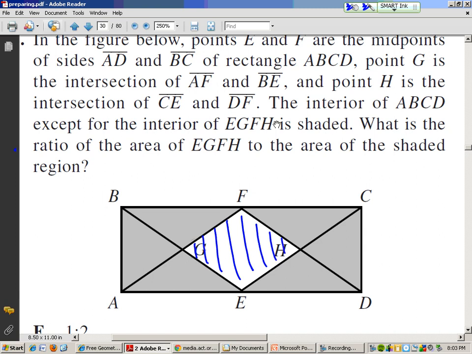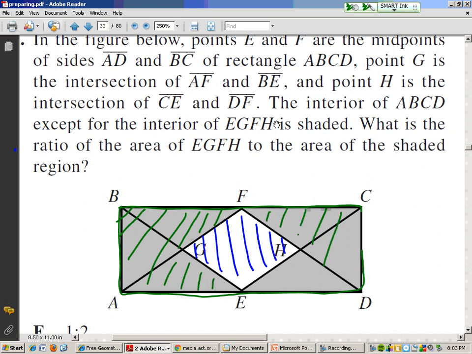If I find that area, and then I find the whole area, the total, I can subtract them to find all the shaded regions. Rather than trying to find each of the shaded regions, if I find this one area and the total area, I can subtract it. I got to find the total anyway, so let's see.